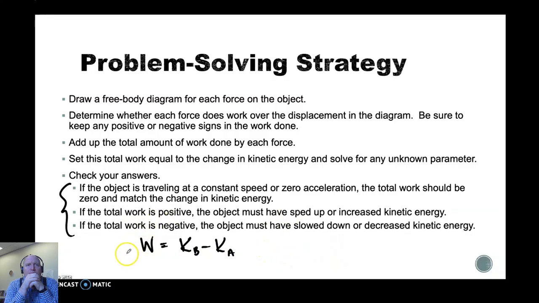So if this is positive, this change in kinetic energy must have been positive. Cool, that's super awesome. Okay, if the total work is negative, that means the change in kinetic energy must have also been negative.